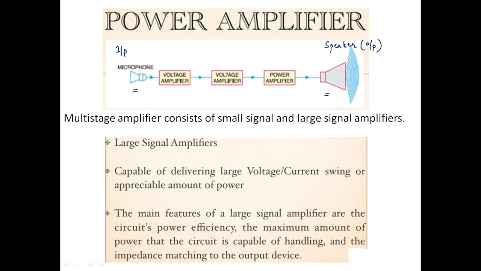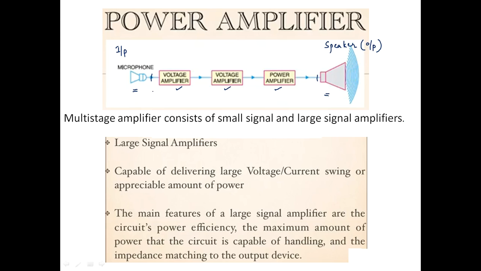Now in between we have the communication phase, right? The signal should get transmitted from one end to the other end, travel through the channel, and finally arrive at the output side or the receiver side. Now there are various stages of amplifiers used in different stages.